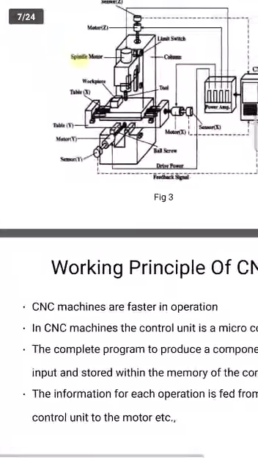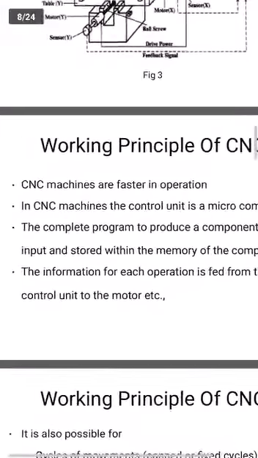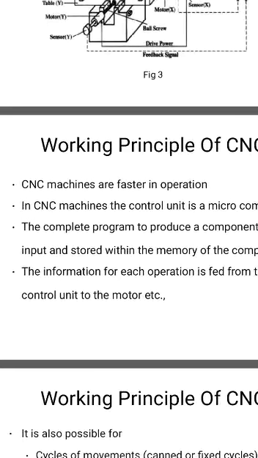Now we're going to study the working principle of CNC. What is the working principle of CNC? We have almost studied it already, but today we are going to study it in depth. First, the appearance.